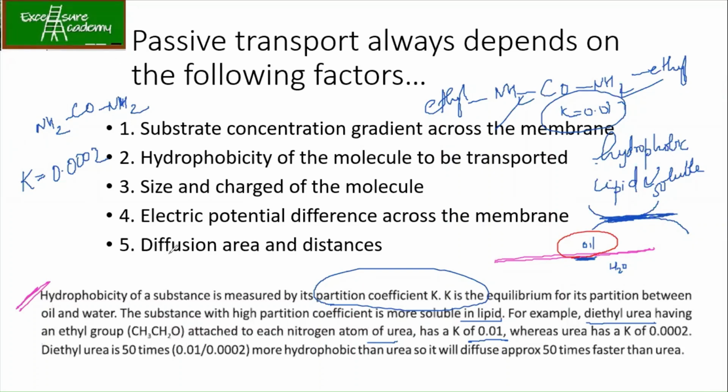Is it urea or diethyl urea? Tanvi? किसका ज्यादा है? Diethyl urea. Correct, absolutely correct. So it has got higher partition coefficient, okay. Now since it has got higher partition coefficient as compared to urea, it is more hydrophobic in nature, okay.